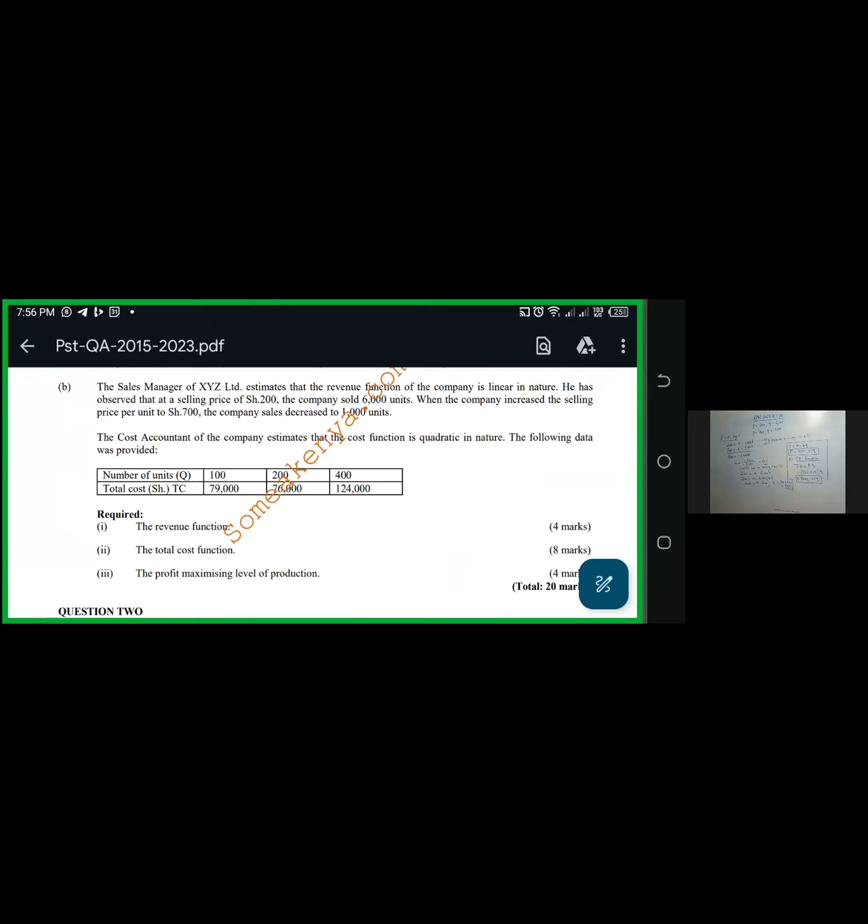Now, things change. Those who attended the previous class, we talked about the quadratic function, and we said this function has various characteristics.